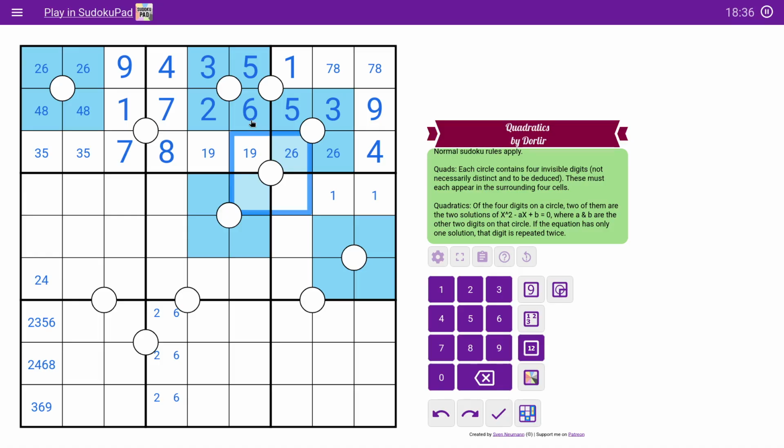No, it can't have 2 3s because both 3s would go there. It's obviously not 2, 4, 2, 4. Can I have a 2 and a 6? This cannot be 6. Could be 2. In fact, one of those is a 2 and one of those is a 6.